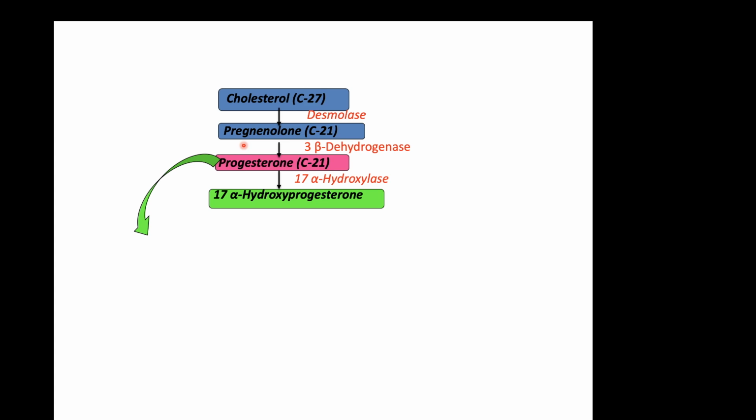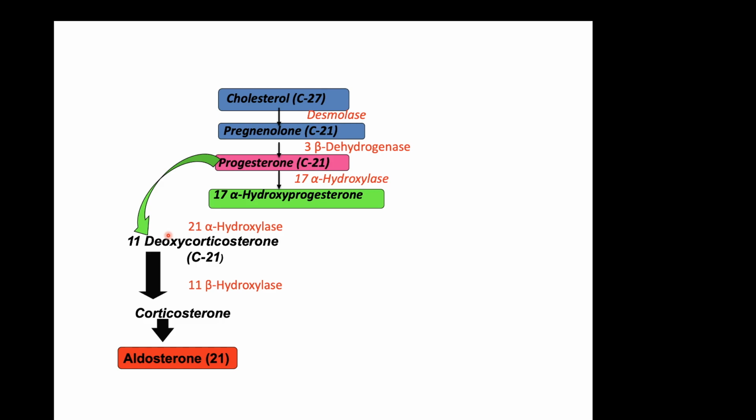In aldosterone synthesis, progesterone will be hydroxylated at the 21 carbon by the enzyme 21 alpha hydroxylase, and that leads to synthesis of 11 deoxycorticosterone. This will be further hydroxylated by 11 beta hydroxylase to give corticosterone, and then finally by aldosterone synthase, or 11 beta hydroxylase, to aldosterone.